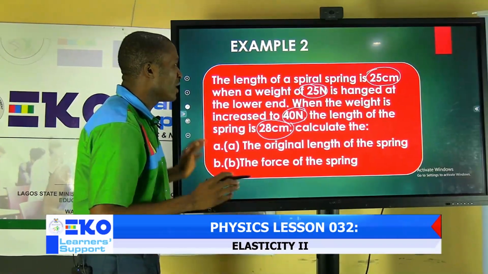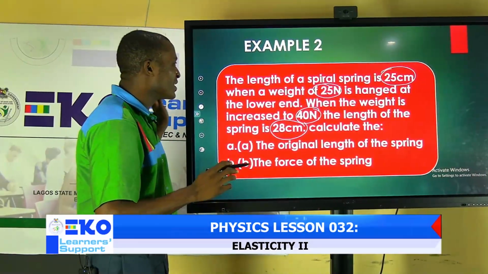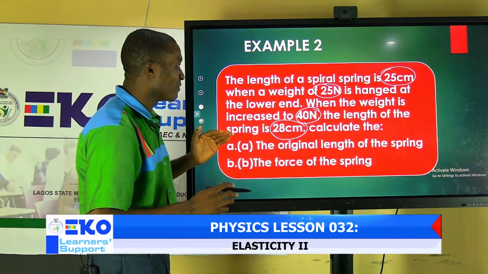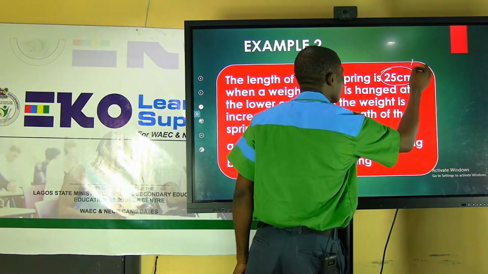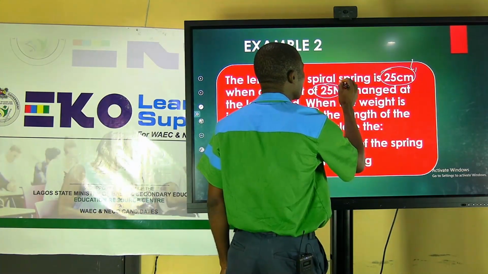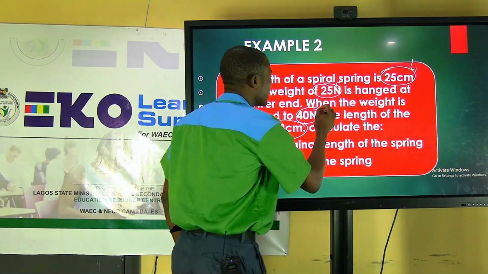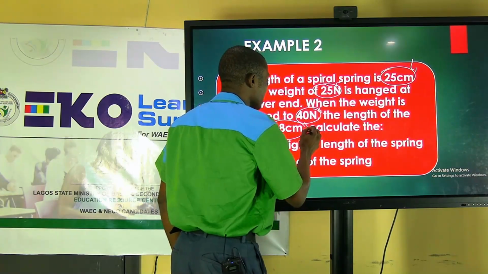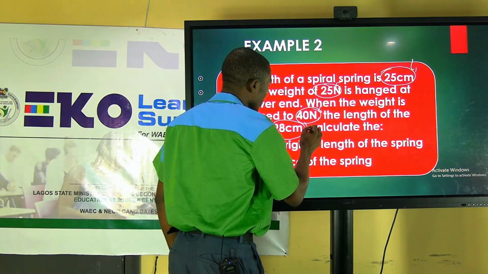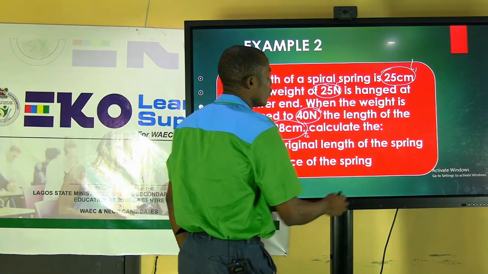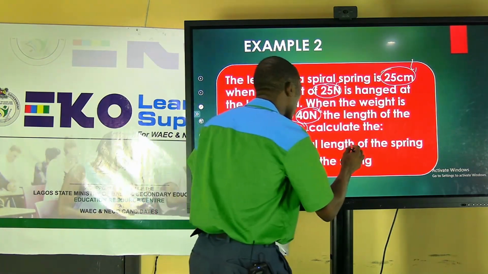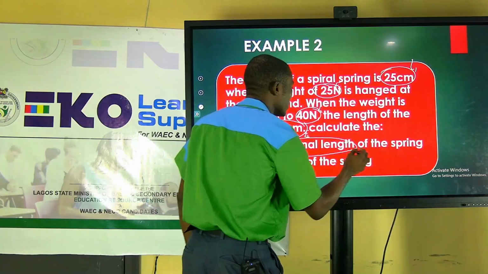So we don't have the original length. This is the first length and the first force. This is the second length, this is the second force. So the question is now asking us for the original length, which is L0.